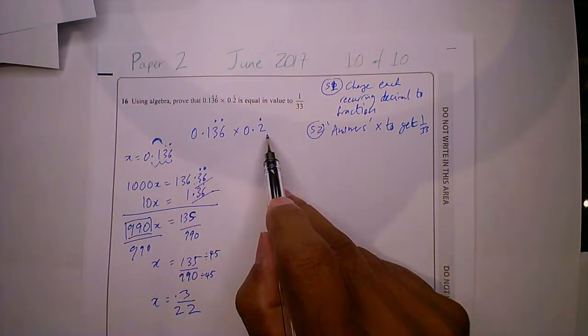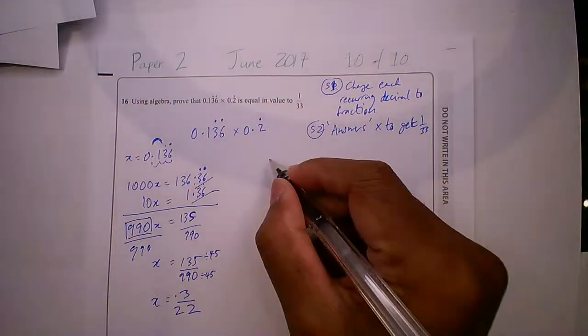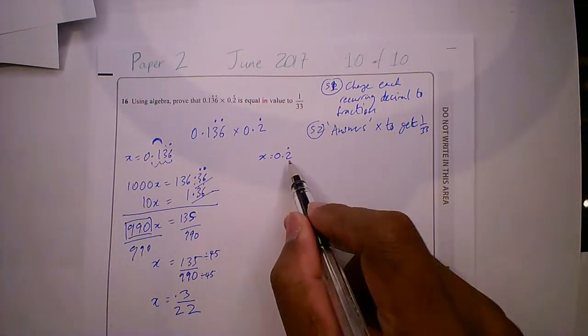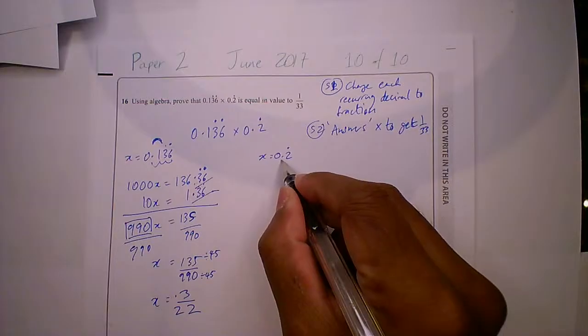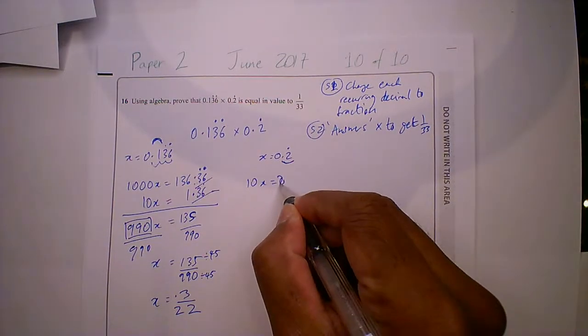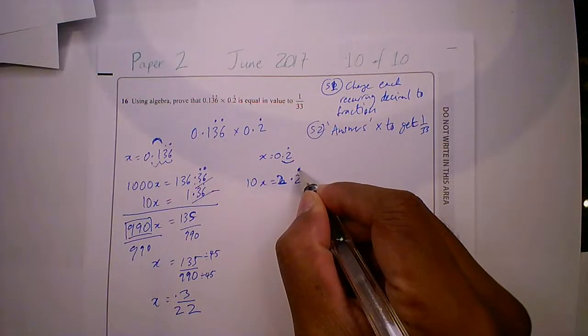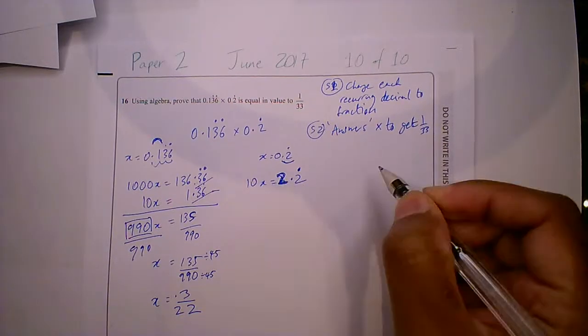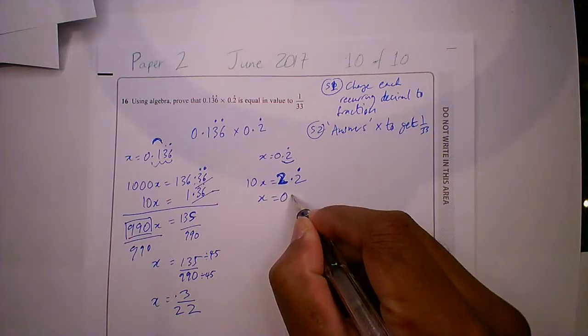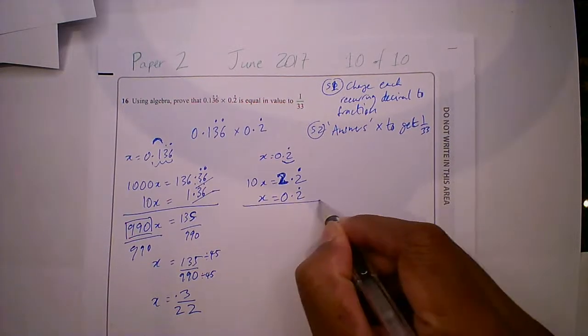Now I need to do the same thing to the other one. So again, x equals 0.2 recurring. I just need 1 place value here. So 10x equals 2.2 recurring. Then I can just put x underneath it because it's the same place value.